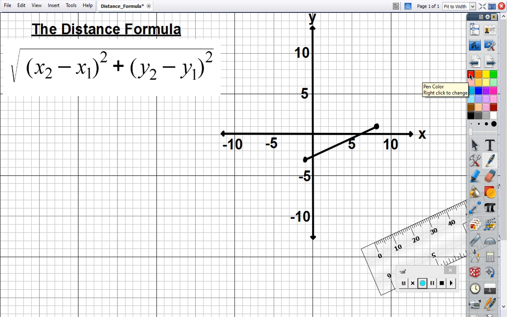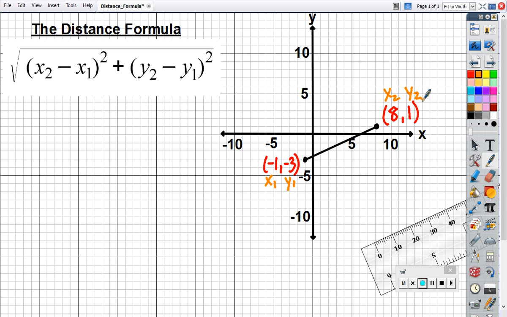Okay, at this point you should have solved for the length of this, so let's see what's going on. First I need my coordinates. This is (-1, -3), and this is (8, 1). I'm going to label this x1, y1, x2, y2.